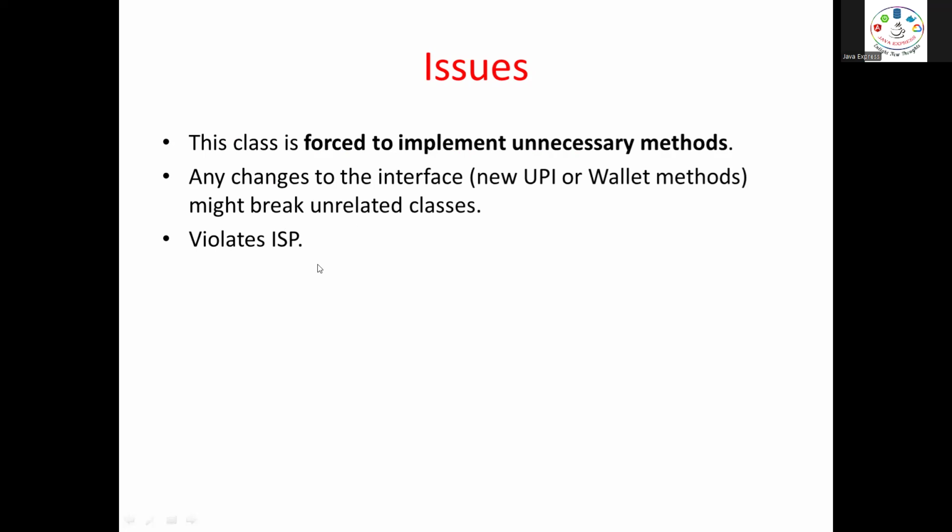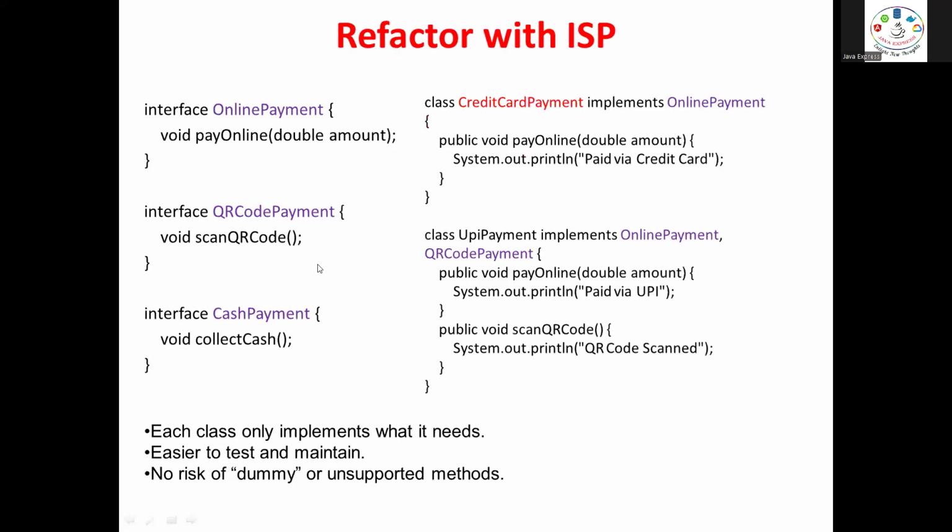How can we refactor this code? See here, we have an online payment interface, a QR code payment interface, and a cash payment interface. Now the credit card implements online payment. If you are using UPI, I will use online payment and QR code payment.